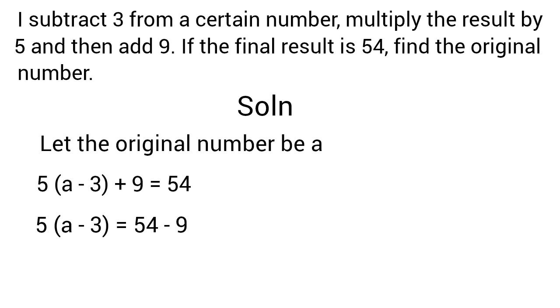Now 5 into a minus 3 equals 54 minus 9, and 54 minus 9 is 45. Now you open your bracket. 5 multiplied by a minus 3, 5 times a is 5a, and 5 times minus 3 is minus 15. So that will be 5a minus 15 equals 45.